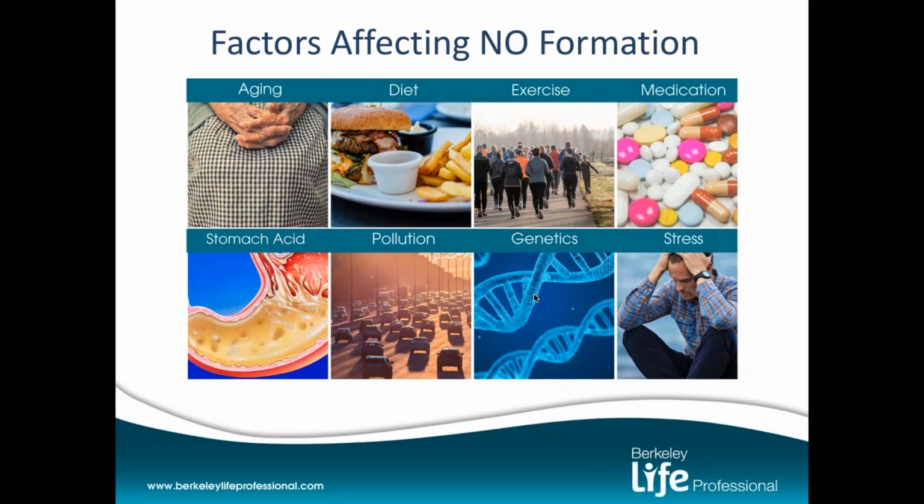Medications. There's a bunch of medications that directly affect our nitric oxide production. NSAIDs like Motrin, Aleve, these NSAIDs decrease nitric oxide synthesis, which is the reason why they're connected with cardiovascular disease and kidney dysfunction.